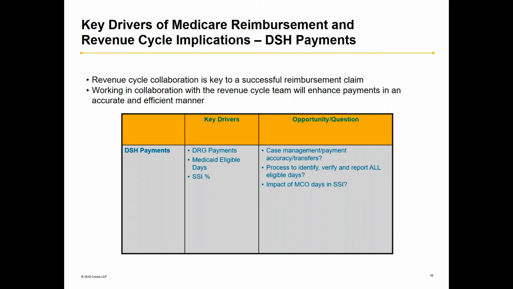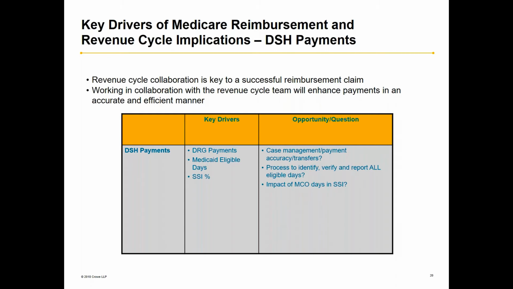And of course, the DRG payments all come down to what we're doing to make sure we're billing properly. So number one, are we billing everything we should be billing? Are we looking at things like transfer payments? Where did this patient actually get discharged?